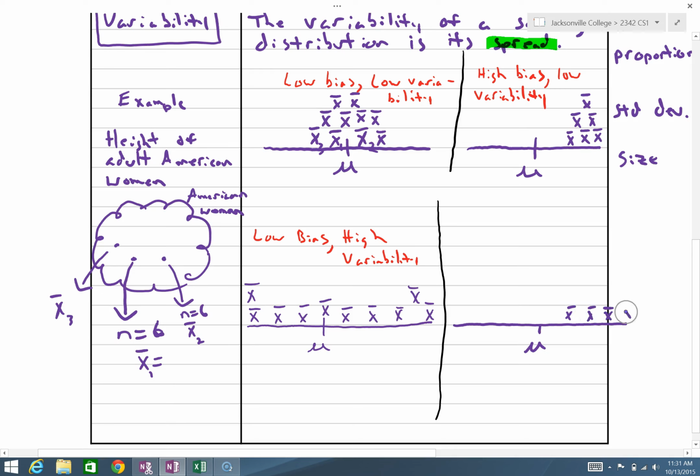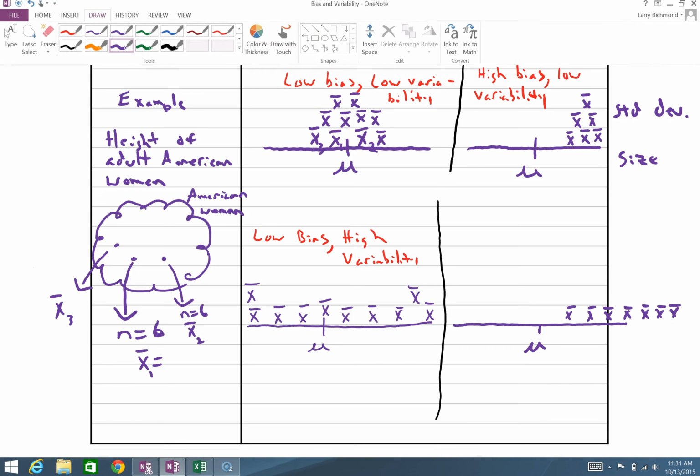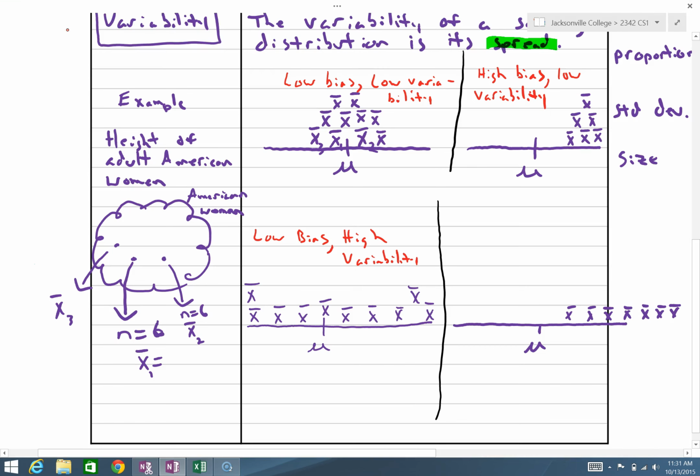It's really spread out. And it's not centered where we need it to be. This is the worst of both worlds. This situation is high bias and high variability. That is, we weren't centered where we wanted to be, and they were quite spread out. This is the worst of both worlds.